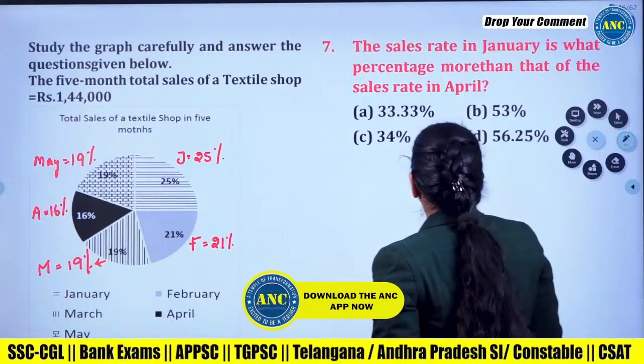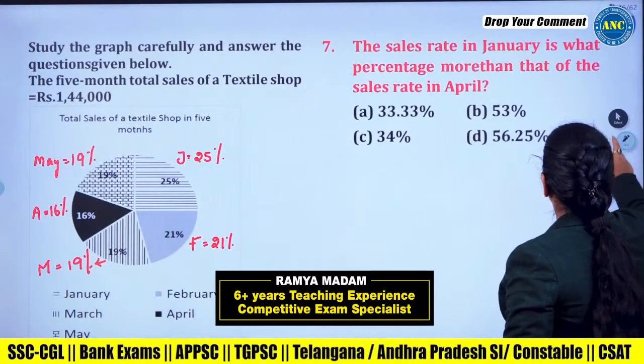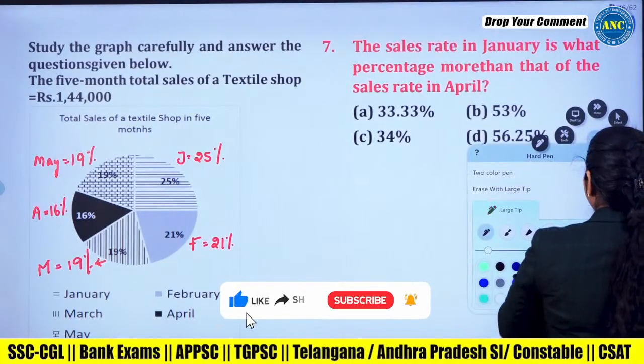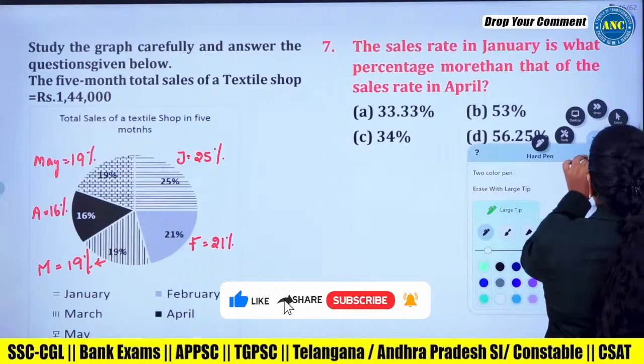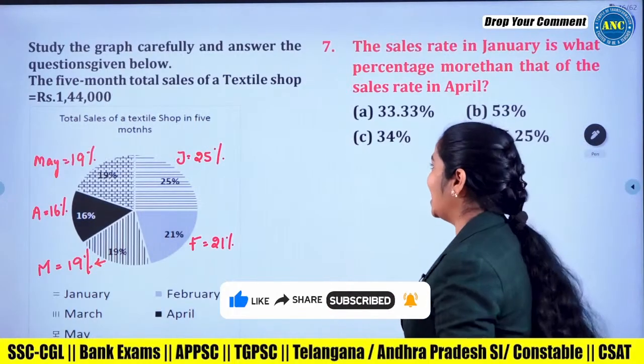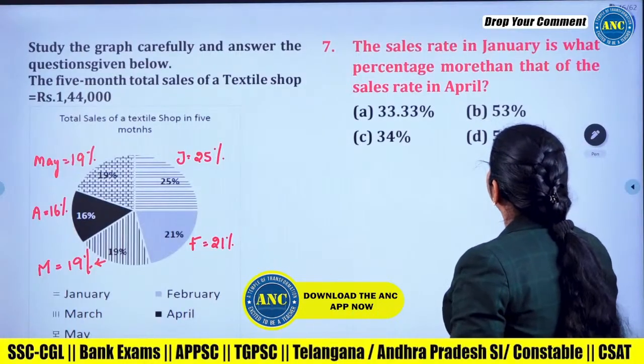Right? Next question. Read out the next question. You're playing with colors. Okay, I'll try to do it with light green color now. Fine. So read out the next question.